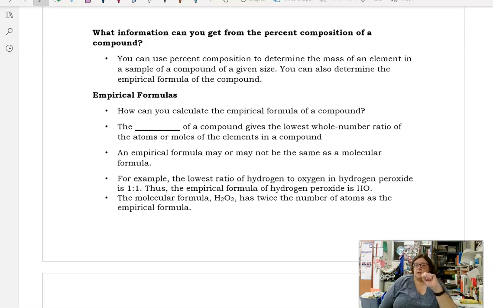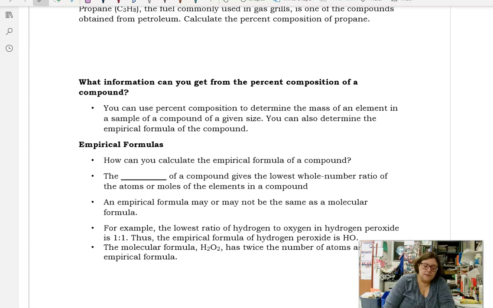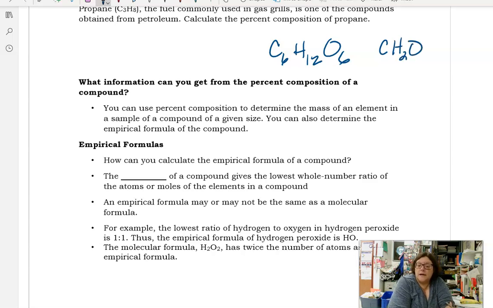But some compounds have the same percent composition but different formulas. What that comes from is what we call the empirical formula. All right, if this is the formula for glucose, C6H12O6, that percent composition is the same as this guy, which is formaldehyde.